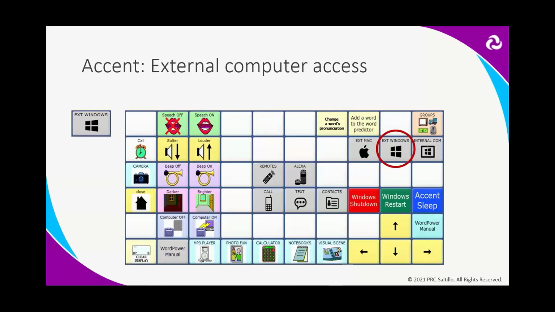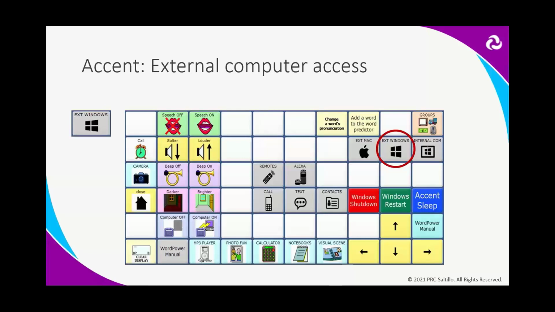I'm going to talk briefly about computer access with the Accent and NuVoice. Right now, WordPower is not available for Empower, but it is available with NuVoice. And so several of my clients that use the Accent like to use external Windows computer access.